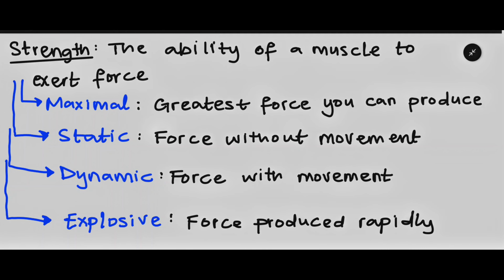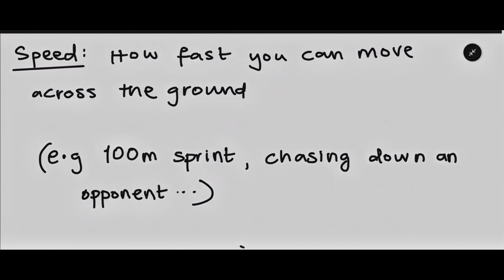As you can see on the screen, we have maximal strength, static strength, dynamic strength, and explosive strength, similar to power as we've seen before. Next, we have speed. So speed is how fast can you move across the ground or just moving a body part. Examples of speed are a 100-meter sprint or when chasing down an opponent in a game.